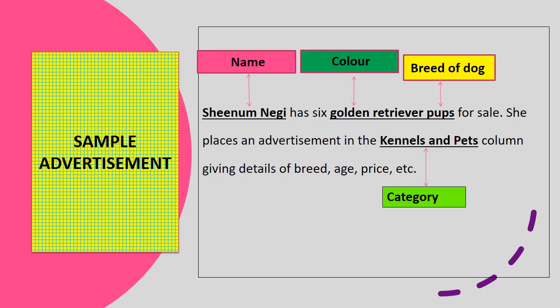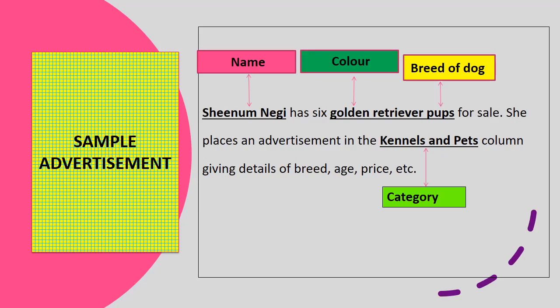She places an advertisement in the kennels and pets column giving details of breed, age, price, etc. So the category is given, that is kennels and pets. So here you have to give the breed of dog and then its age, price, and some of the details you can invent on your own.